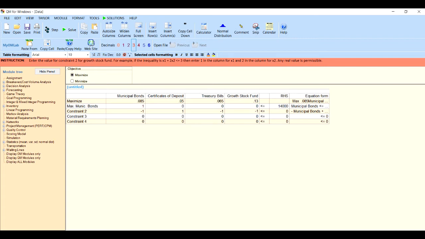Essentially, we'd have X2 plus X3, which is certificates of deposit and treasury bills, divided by X1 plus X4, municipal bonds and growth stock, greater than or equal to 1.2. And again, you'll see a little bit of that when I send the information along in the textbook. But that's not, again, the standard format.